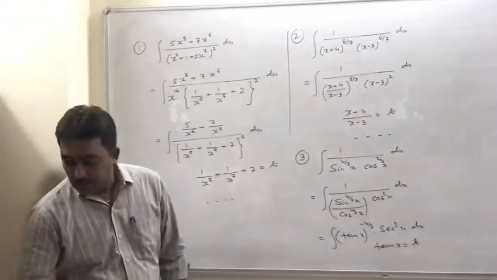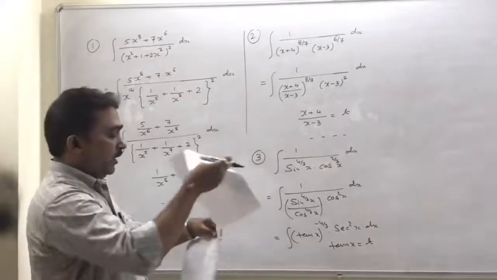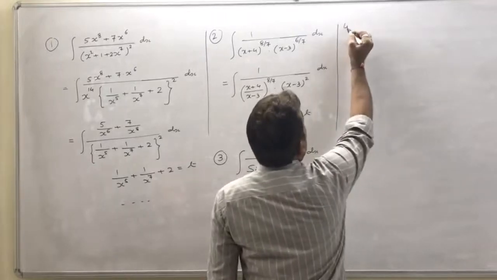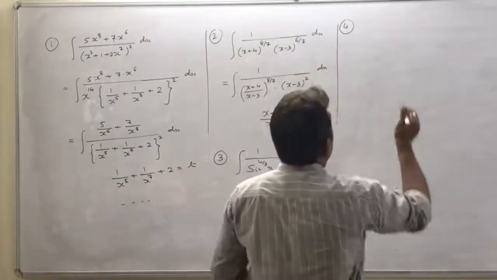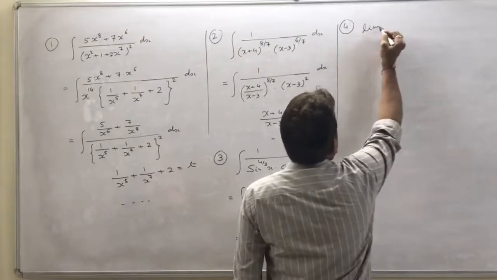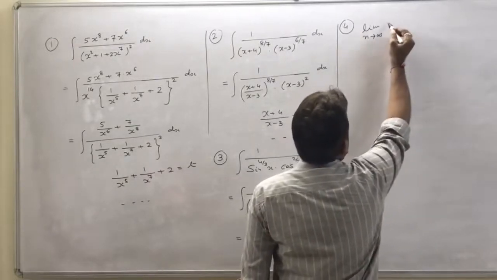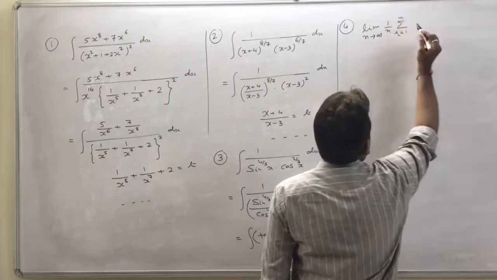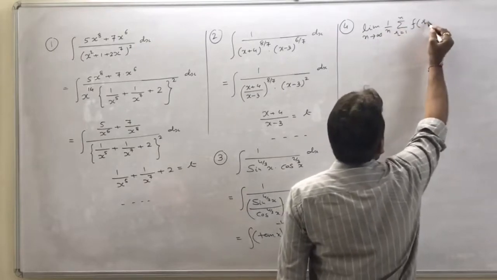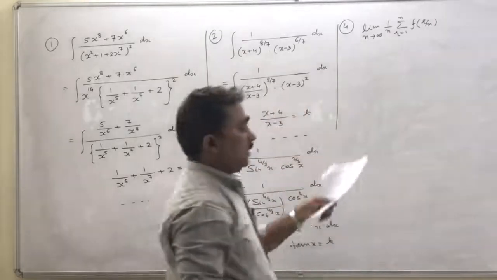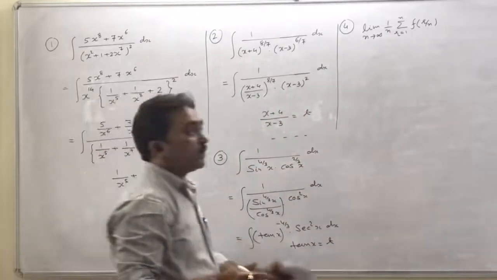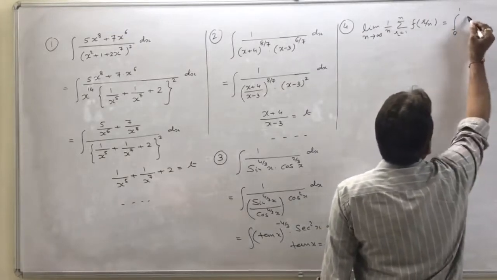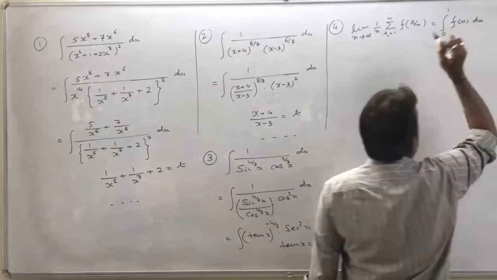Next one. Now in definite integration you have to remember this formula. If we want to find the limit n tends to infinity of 1 upon n sigma r equal to 1 to n, and if it is of the type f of r upon n, then this limit directly write it as integral 0 to 1 f(x) dx.